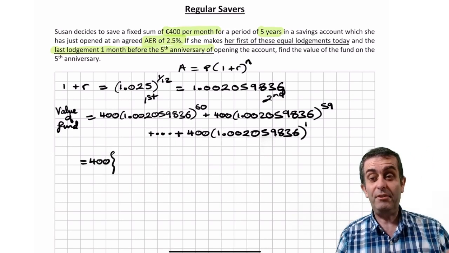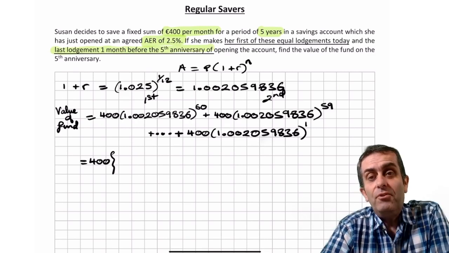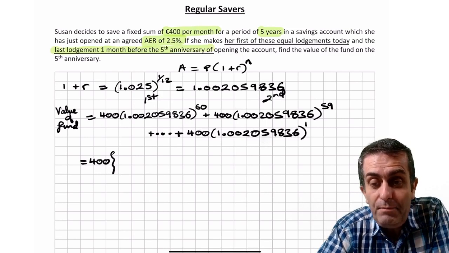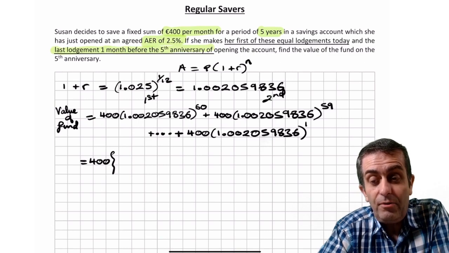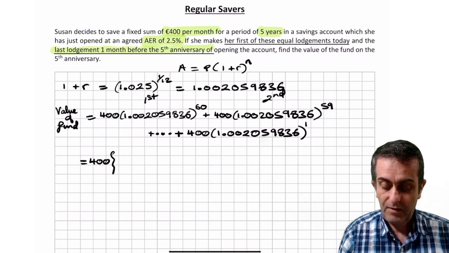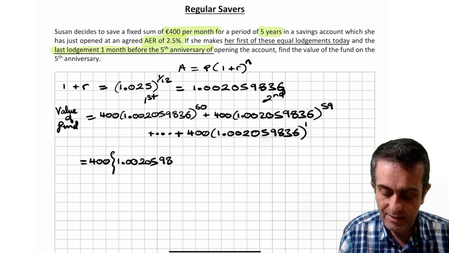It appears everywhere, so let's take it outside a set of curly brackets. The second thing I notice is that the powers are reducing as we go across. I would be much happier if those powers were increasing as we go across. So I take out the 400, but I also reverse the order of the powers. So this becomes 1.002059836 to the power of 1.